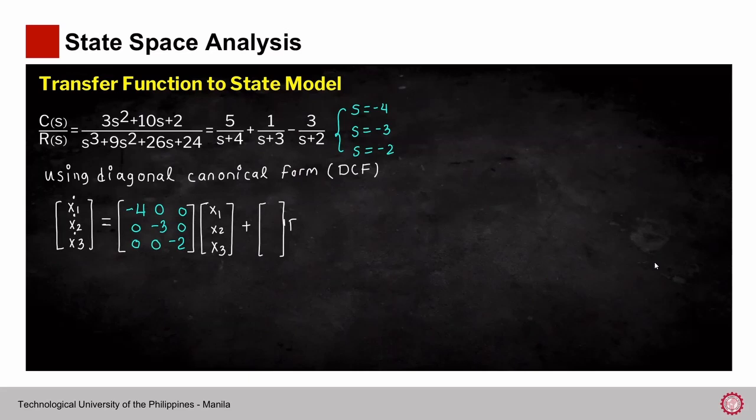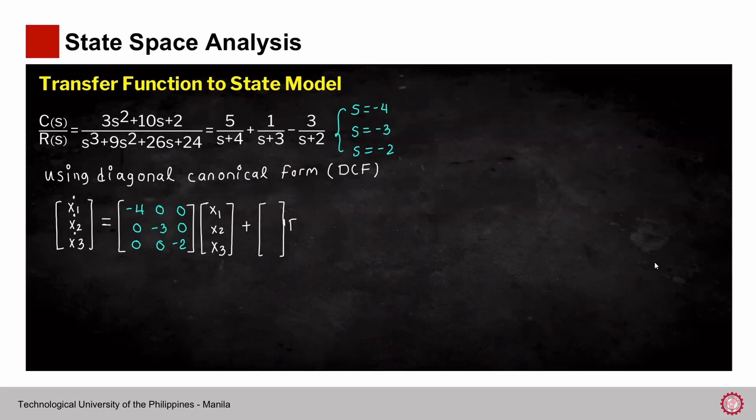Again, paano siya uli, sir? So again, sa diagonal canonical form, sa diagonals, guys, you will put the poles. So we have -4, 0, 0, 0, -3, 0, and then we have 0, 0, -2. Sir, how about the order? Is it in any order? Yes. Okay? So maraming pwedeng possible na answer.